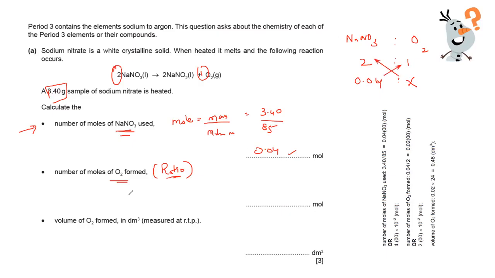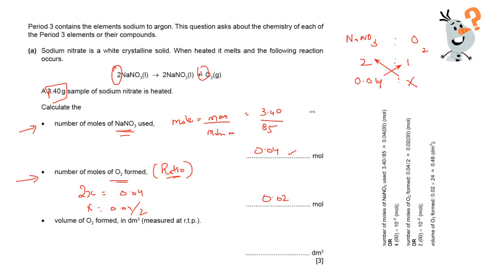So 2 multiplied by x, that will be 2x, is equal to 0.04 multiplied by 1, it is 0.04. We need x, the mole, so 0.04 divided by 2. So how many moles do we get? We'll get 0.02 moles. That is the second part. By using a ratio between sodium nitrate and oxygen, we got the moles of oxygen involved in this reaction.